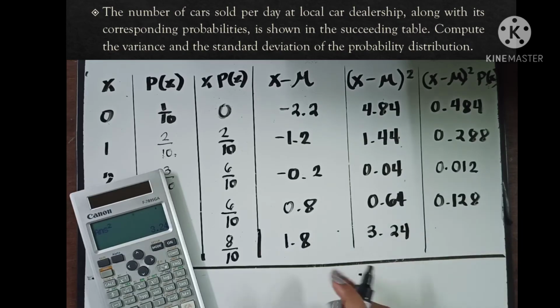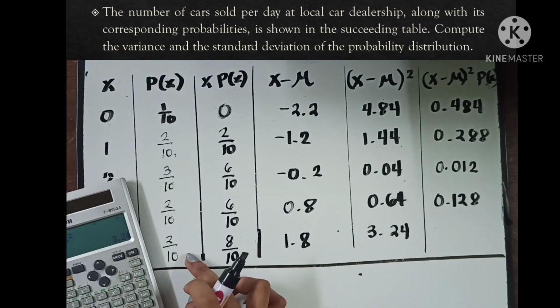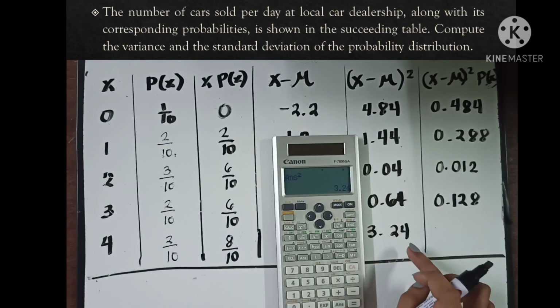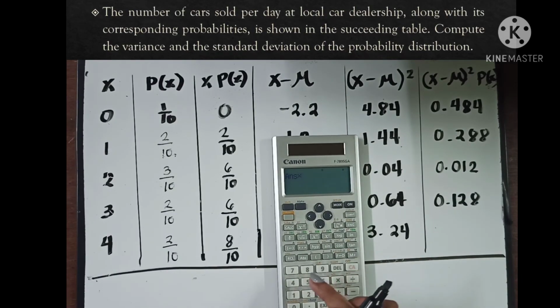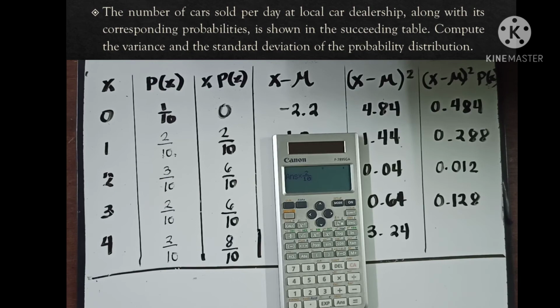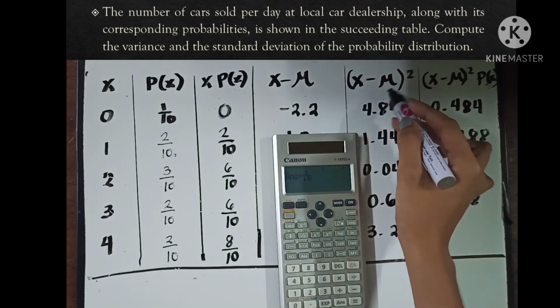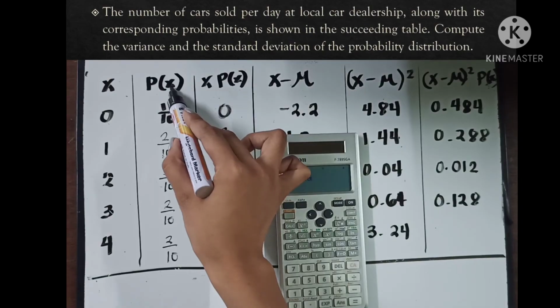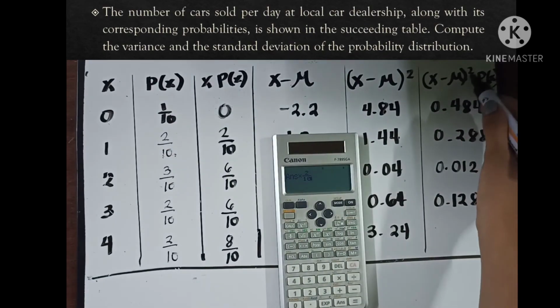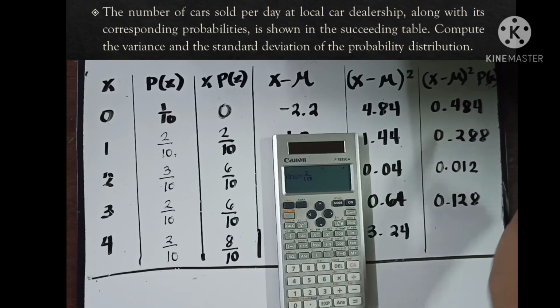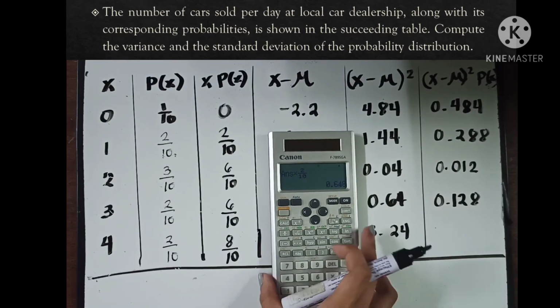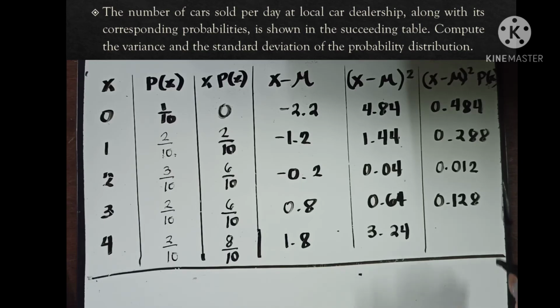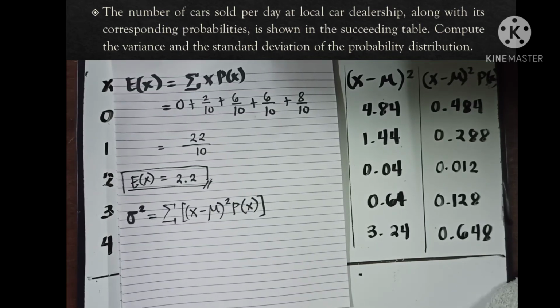Then this 3.24 multiply by the probability or p of x natin, which is 2 over 10. Okay? So again, itong x minus mu squared ay imumultiply mo kay p of x. And that is equal to 0.648. Okay?